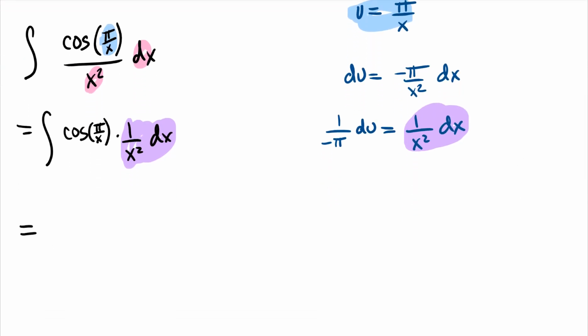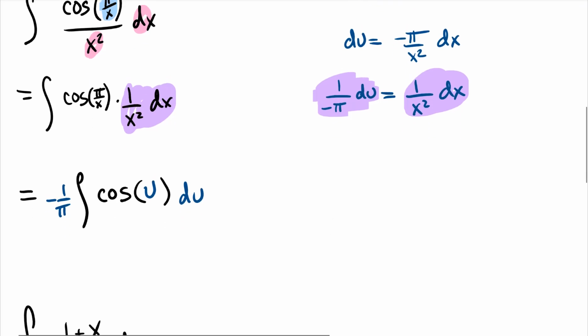So let's do this in the same way each and every time so we don't make any silly mistakes. So first thing I want to replace is the u. Next thing we want to do is get that 1 over x squared dx, and that's negative 1 over pi du. Doesn't matter where the negative goes, even though I keep saying it incorrectly. Now we're done. Let's take the antiderivative. Oh man, cosine.